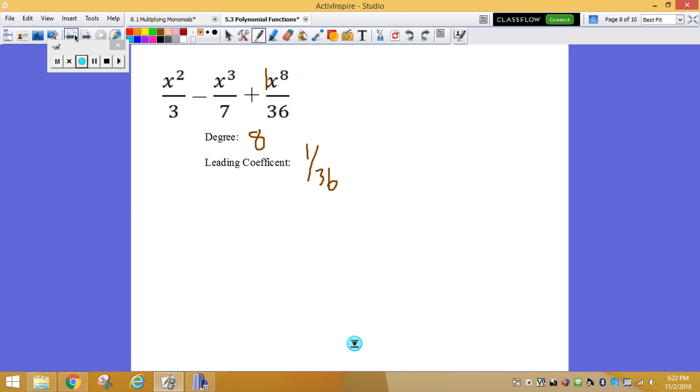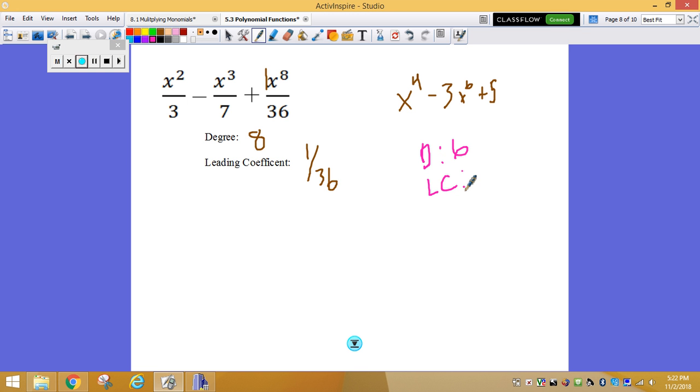Now, one thing that I didn't do an example of, and that's my bad. Let me make one up real quick. All right, here we go. So let's do degree and leading coefficient. My degree, the biggest exponent, is the 6. So I'm just going to put a D for degree. My degree is a 6.